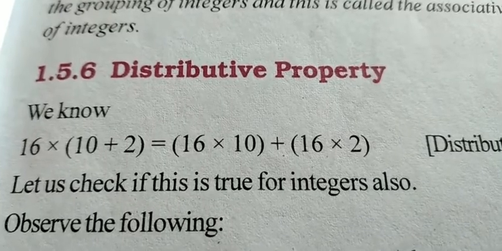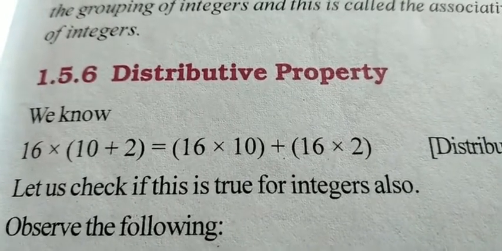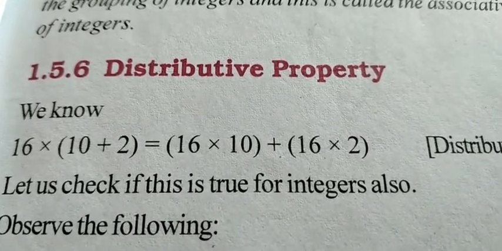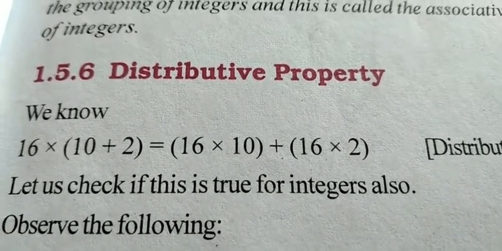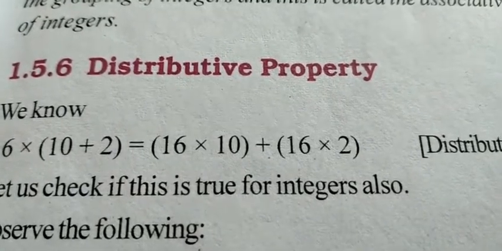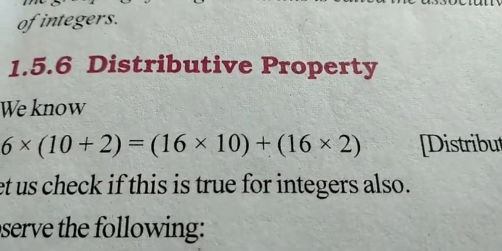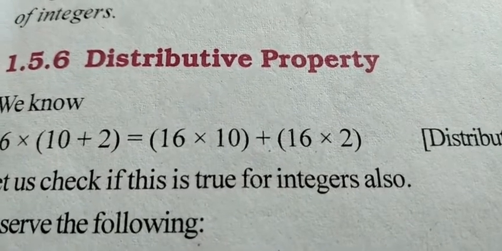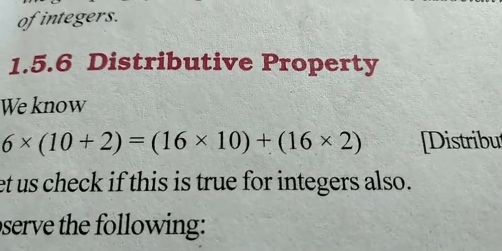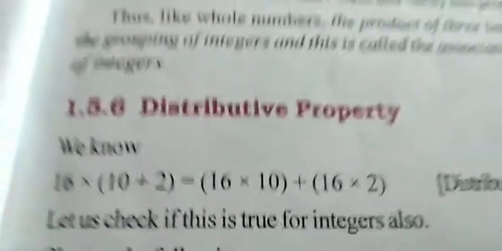Otherwise, to make your multiplication simpler, you can do one thing. The multiplication of 16 is distributed over 10 and 2. You can see on the right hand side of the equal sign, 16 is multiplied with 10, and then its answer is added to the product of 16 and 2.